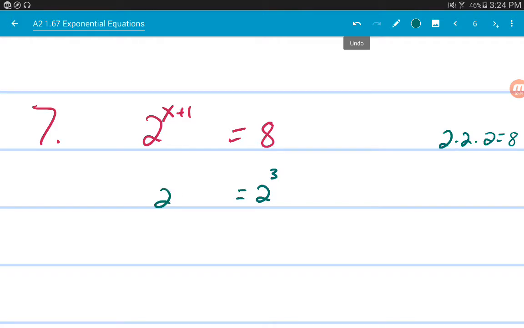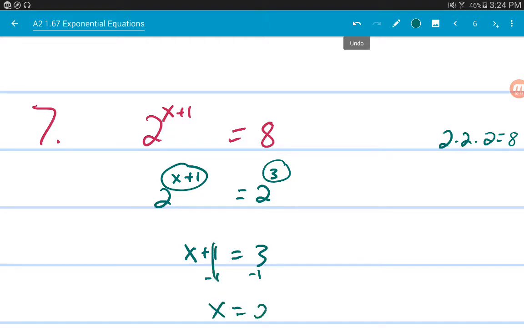And now, when I rewrite the left-hand side, it becomes obvious that I have the same base and a different exponent, and I can set them equal to each other. x plus 1 equals 3, minus 1 on each side, and you get that x is equal to 2.